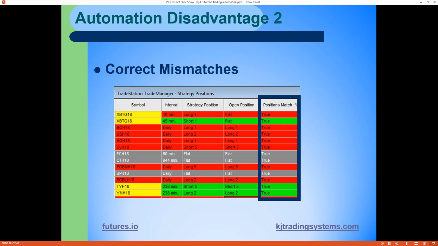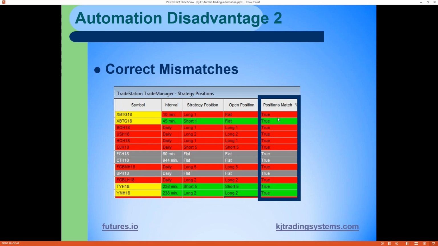Another disadvantage is you're going to constantly have mismatches. Here's an example. This is TradeStation. They have a column that's called positions match, and you see it all says true, so that then I know my strategy and my actual positions match in that particular account. These go false sometimes.